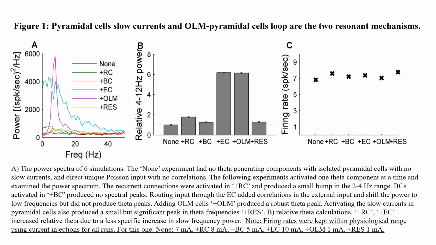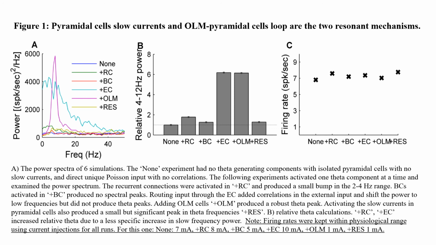The other experiments activated one theta component at a time and then examined the power spectrum. The recurrent connections were activated in the plus RC, and they produced a small bump in the 2 to 4 hertz range. Basket cells were activated in the plus BC experiment and produced no spectral peaks.